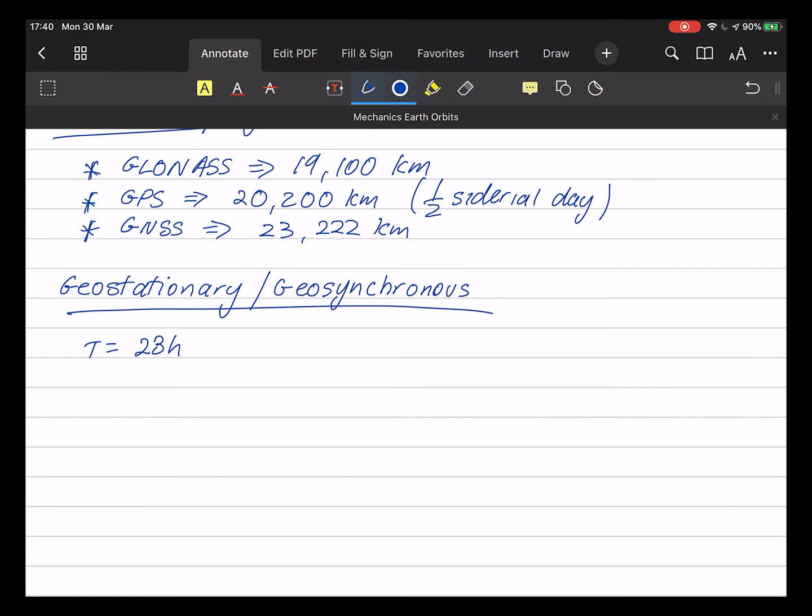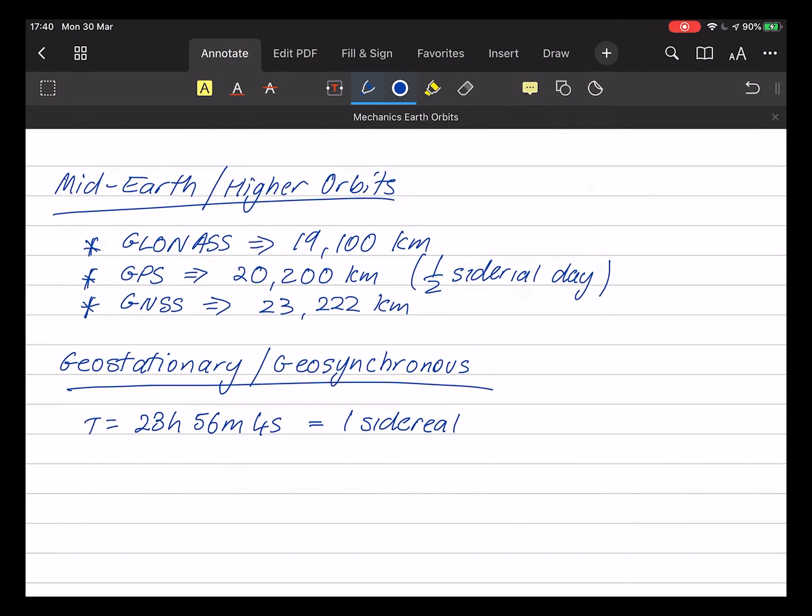There's no standard notation for hour, by the way. 23 hours, 56 minutes, 4 seconds. And that's 1 sidereal day.